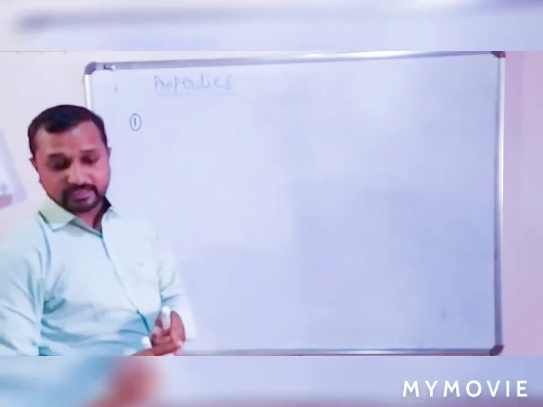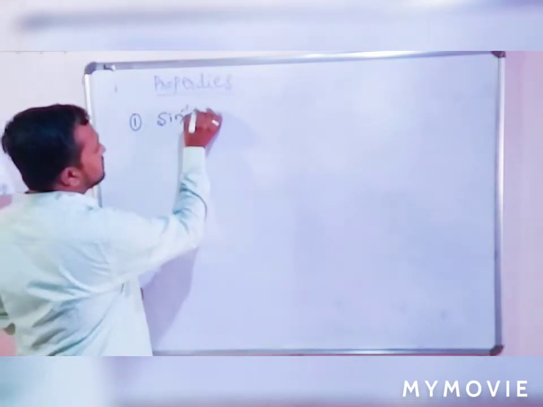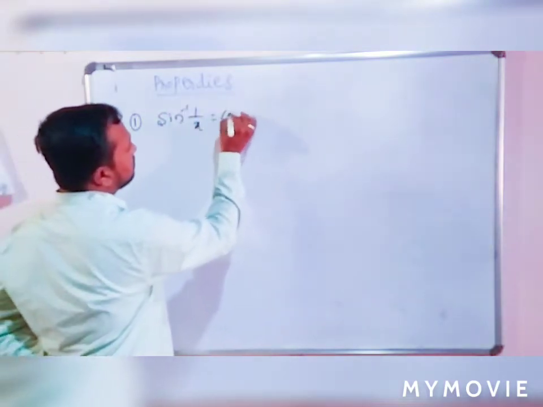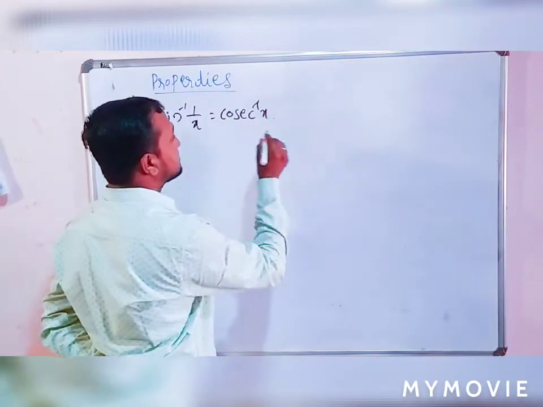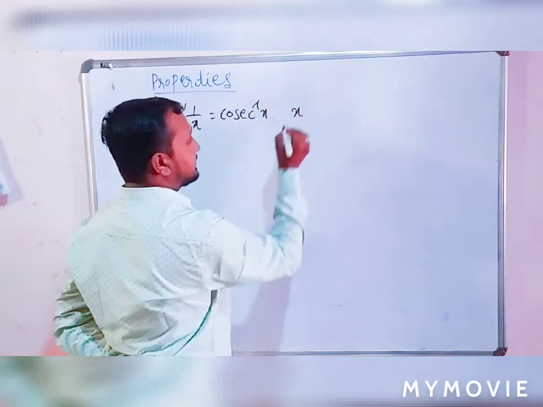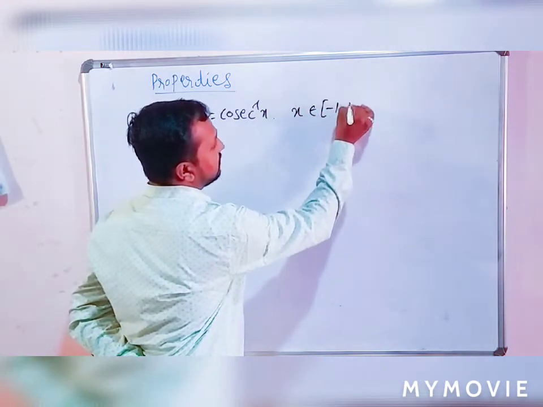In that, the first one: sin inverse of 1 by x is equal to cosec inverse x, for all x in the domain, mod x greater than or equal to 1.